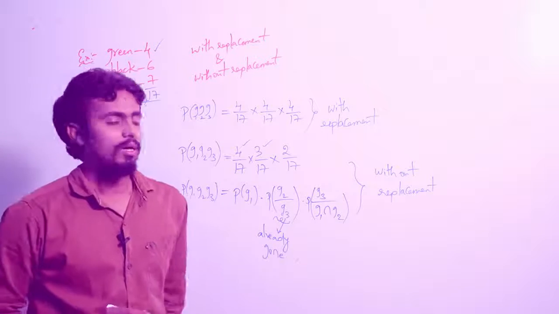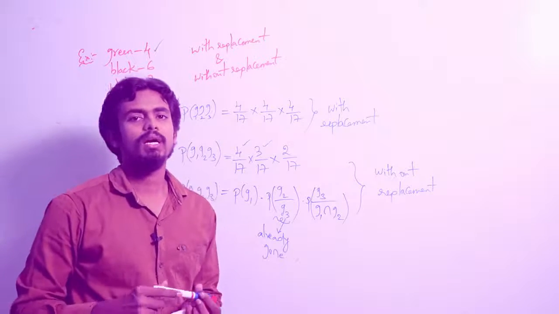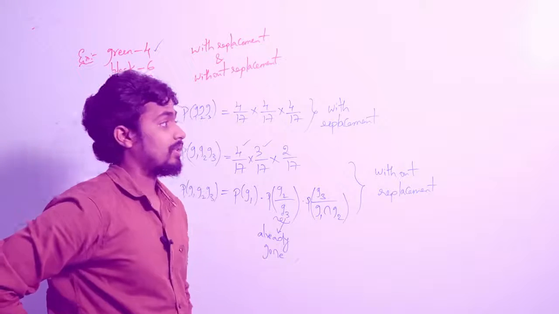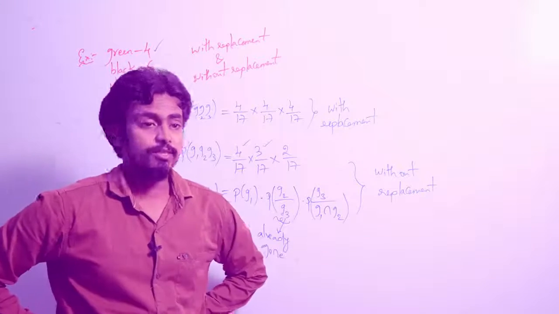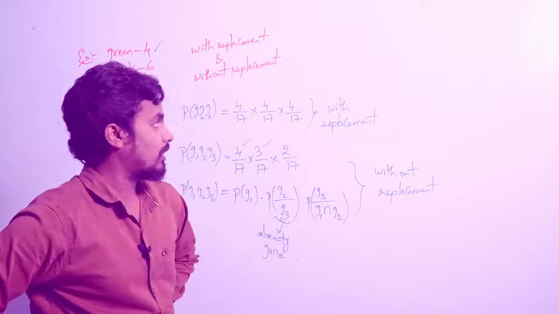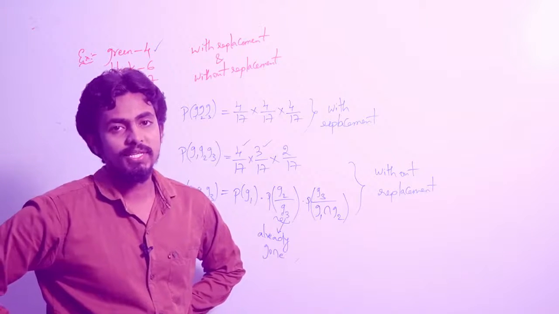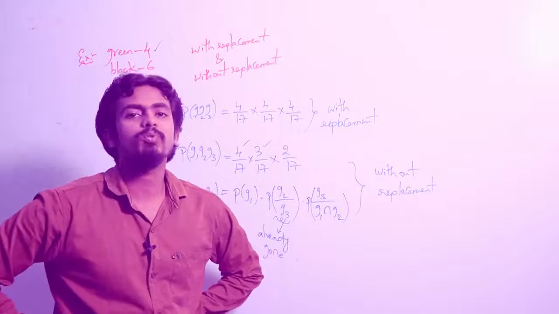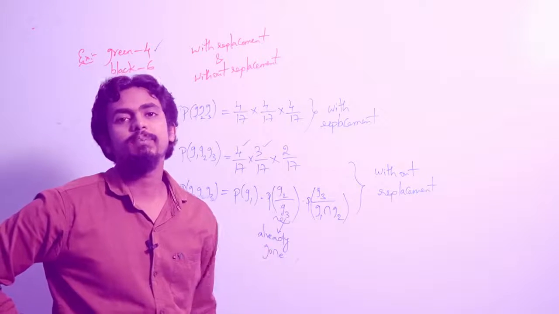Please remember this for with replacement and without replacement. In the last session we have to move on to the further sessions. We have to solve many questions based on with replacement and without replacement, as well as joint probability functions, and dependent and independent events.